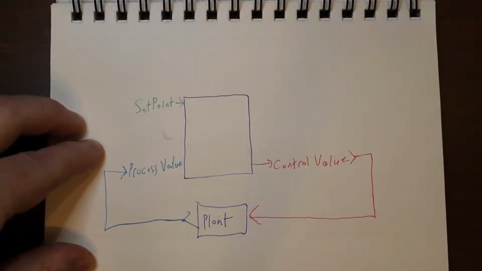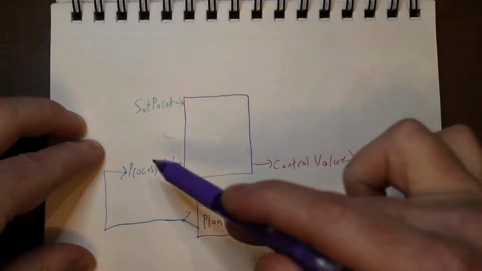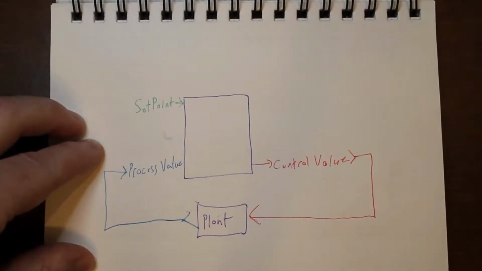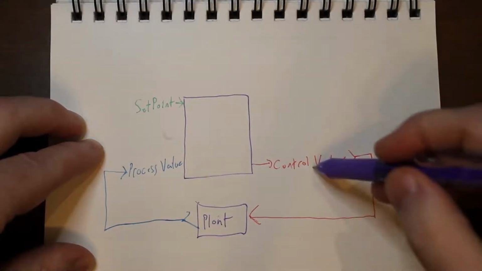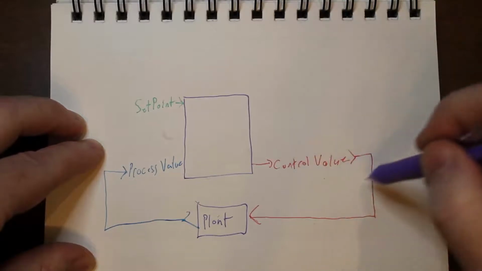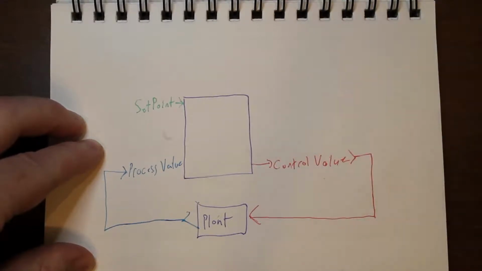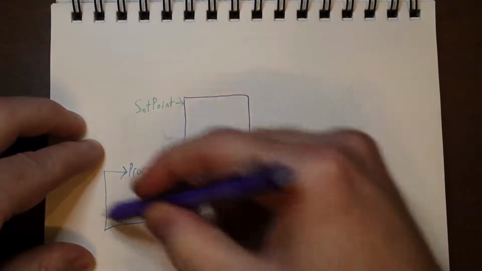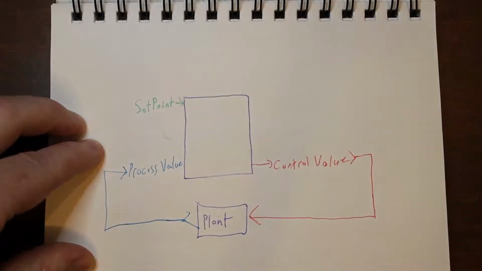This continues until set point and process value have no error between them, and the control value has reached some steady state or very close to steady state value that results in the plant being what we wanted it to be.